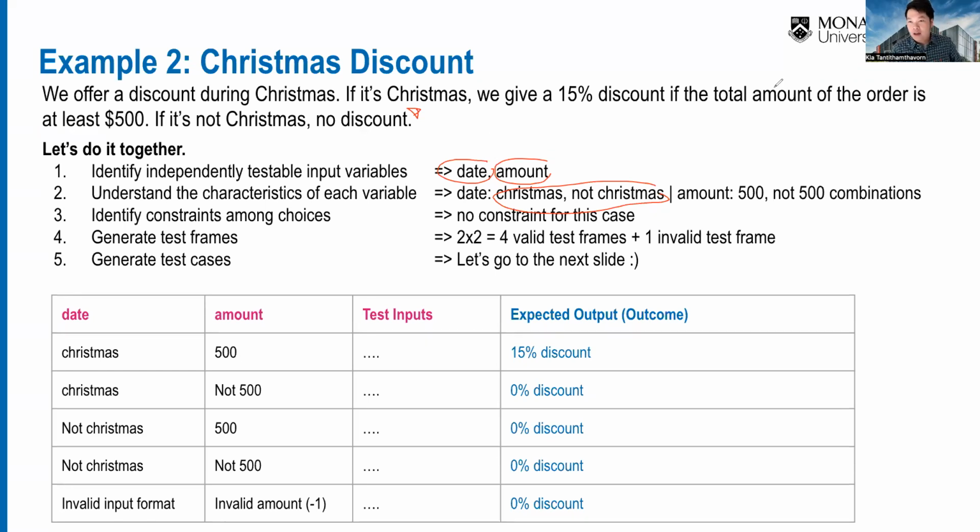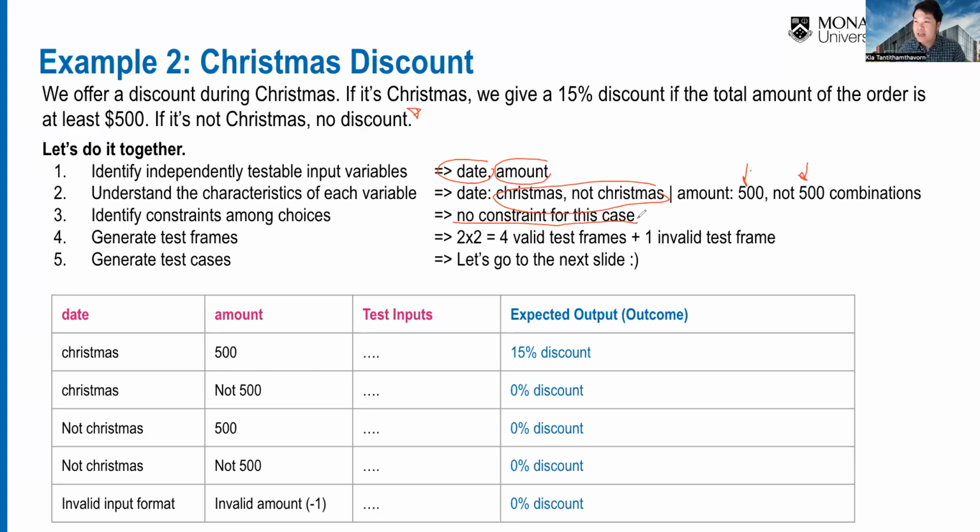And then the amount of order should be at least $500. So we will get 500 or not 500. That's it. Then we'll generate all of the combinations here. There's no constraint for this case. But let's say if I want to add a constraint, we can say that we give 50% discount if the purchase order is at least 500 for premium members only, but for regular membership we will give only 5%.